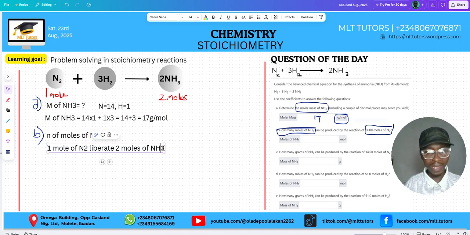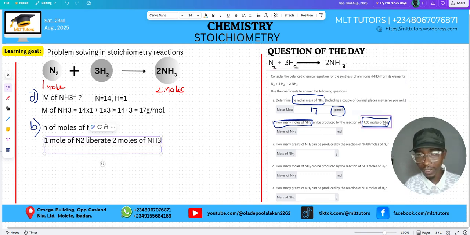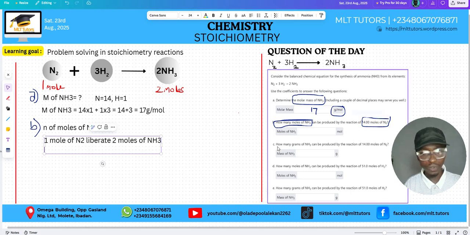Now the required mole is what the question wants us to get. So we want to know the number of moles when the moles of nitrogen is 14 moles.